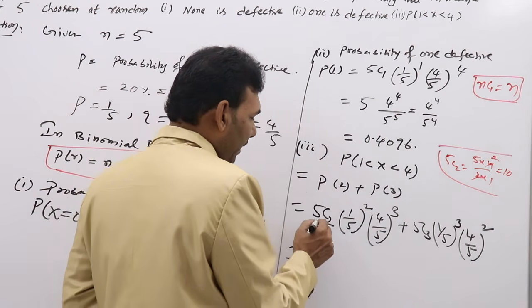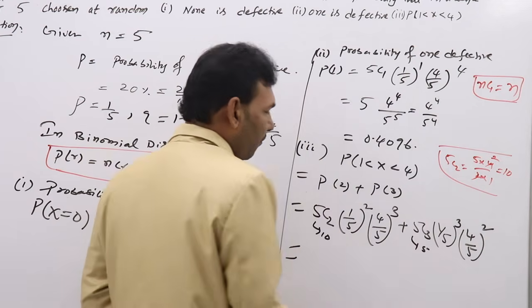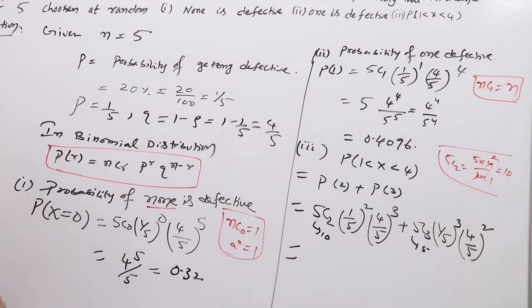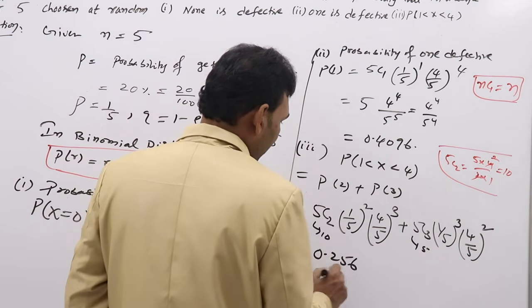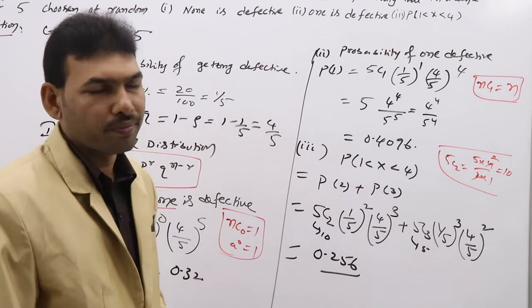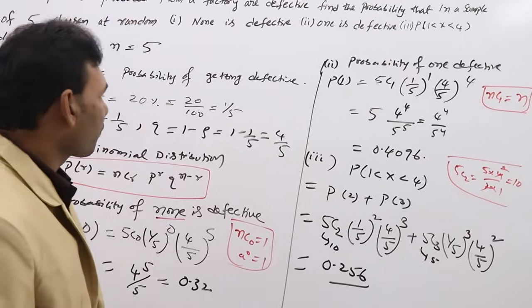So if you write 10 in the place of 5C2, and 10 in the place of 5C3, and use your calculator to get the answer, you will get 0.256 as the probability. So like this one can easily evaluate binomial distribution problems.